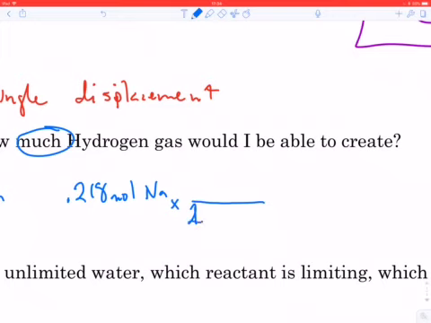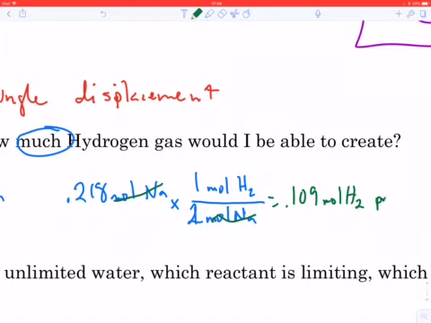That 2 moles of sodium needs to be on the bottom, so my units cancel, will give me 1 mole of H2. The reason it needs to be here is because now I can cancel out those units, and if I do 0.218 divided by 2, I now have 0.109 moles of H2 produced.